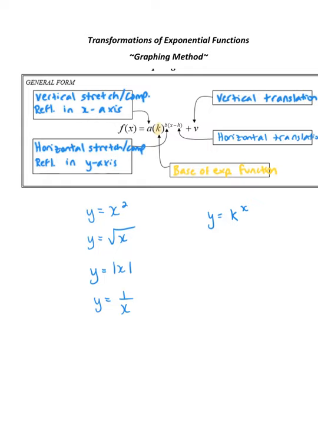Just as before, you have to be careful with b and h. Often we'll put brackets around that entire exponent. b and h affect your x values, and they are in the bracket of lies.